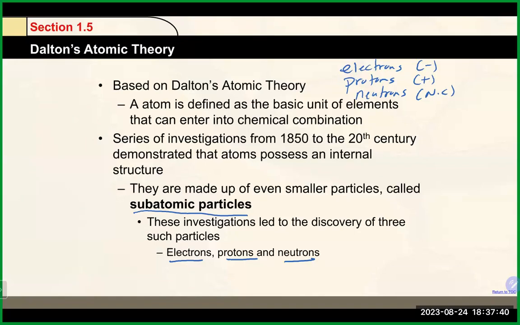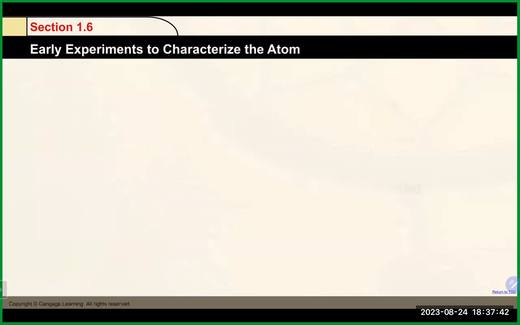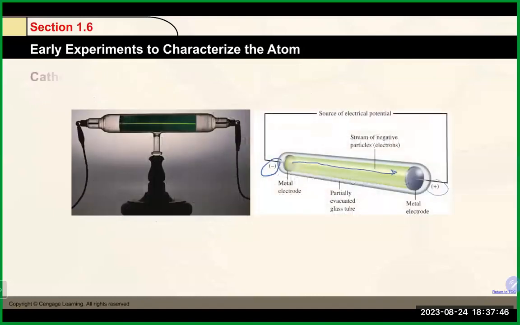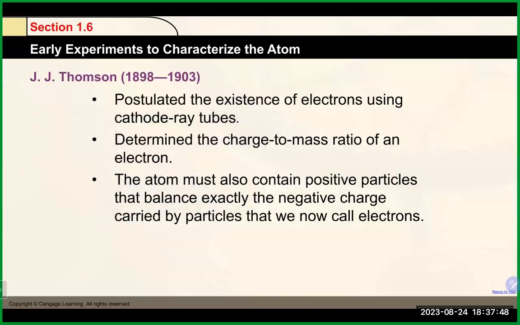A lot of the early work was done by a man named Thompson, and he did experiments using a cathode ray tube, sometimes referred to as a CRT. You might be familiar with cathode ray tubes.